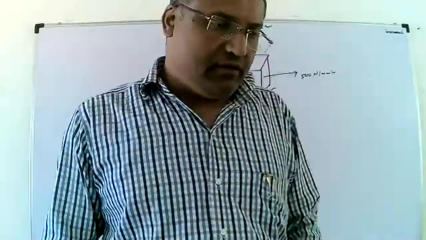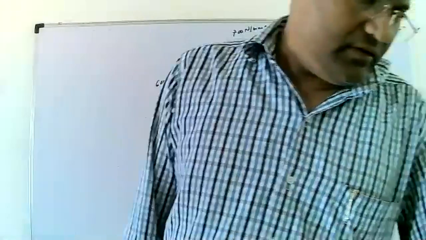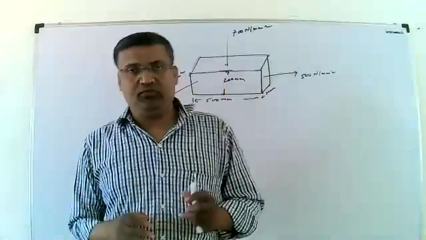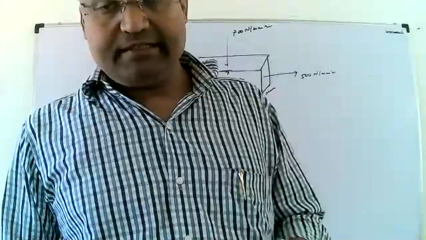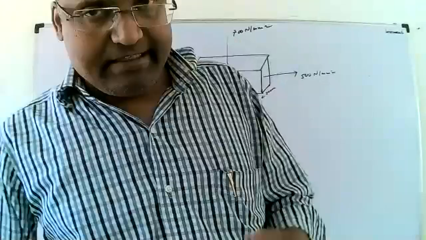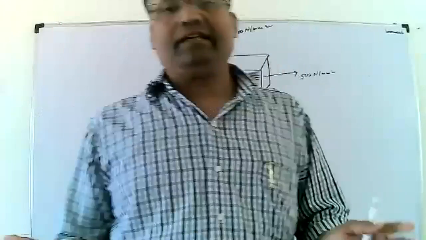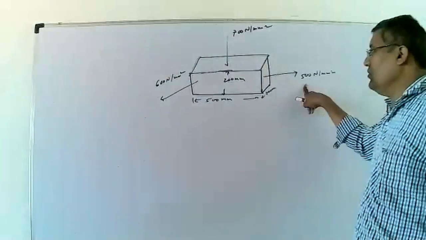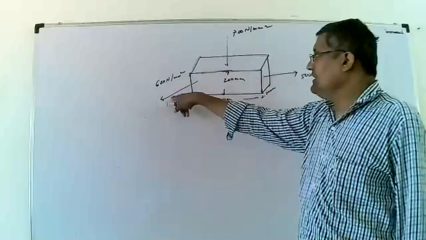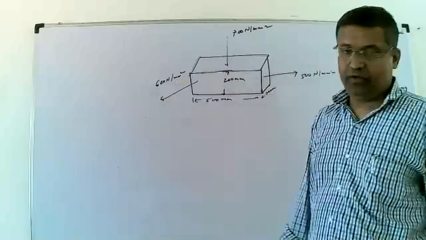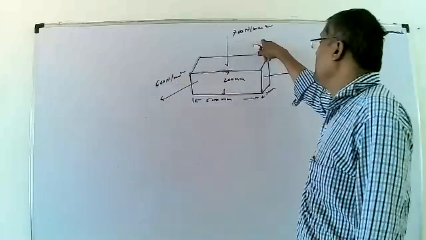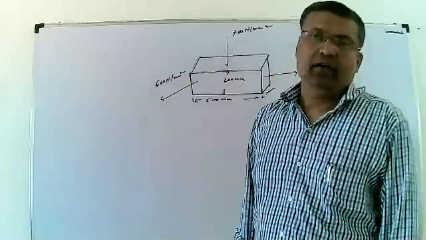Then three different stresses, meaning the given diagram is subjected to two tensile stresses and one compressive along x direction, y direction and z direction. Here this is 500 Newton per mm square tensile load stress, then 600 Newton per mm square is the tensile and 700 Newton per mm square compressive stress.